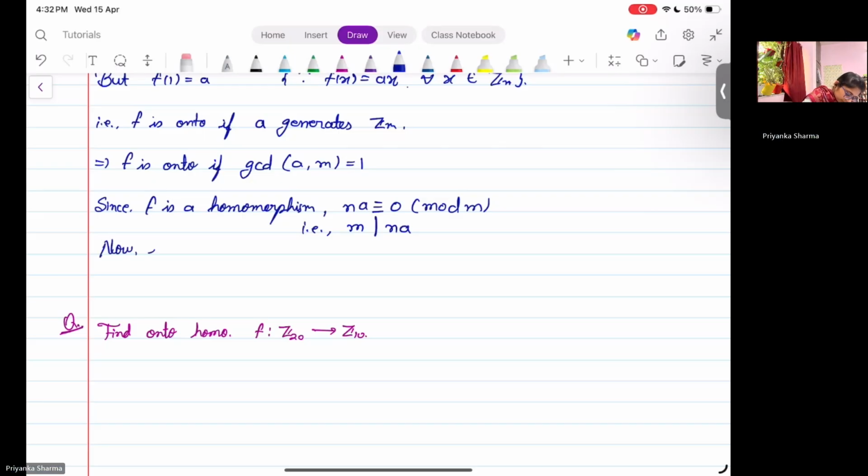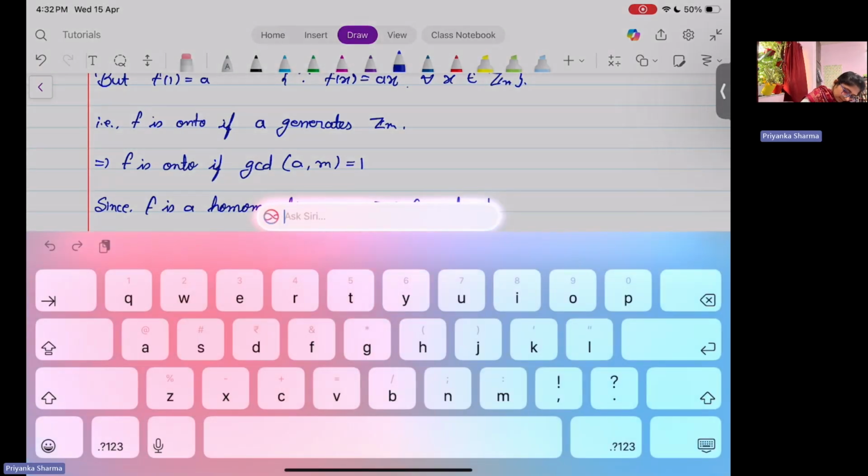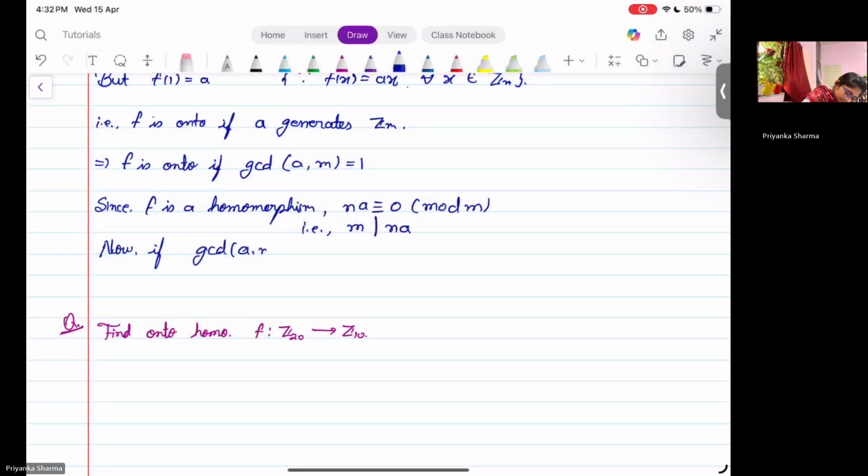Now, if GCD of a and m is 1, we get m divides n.